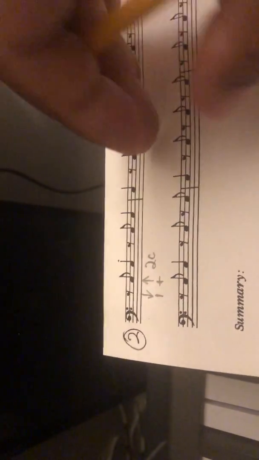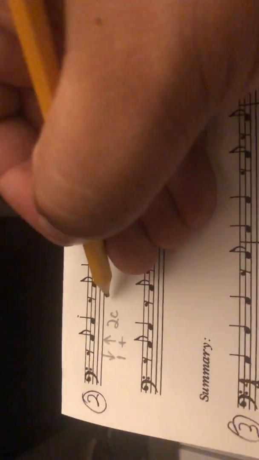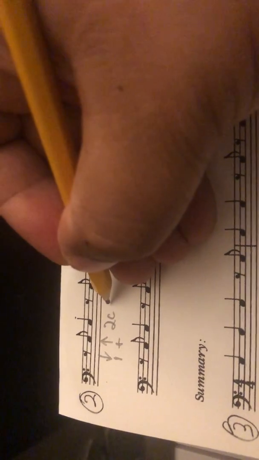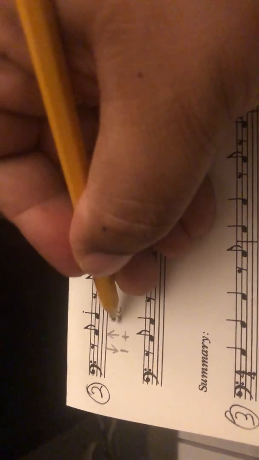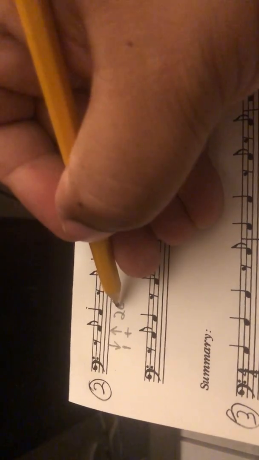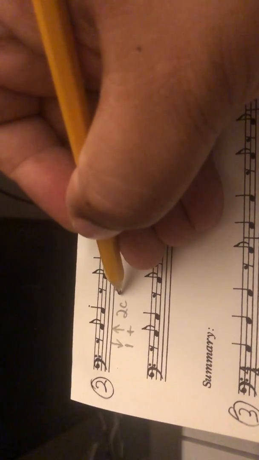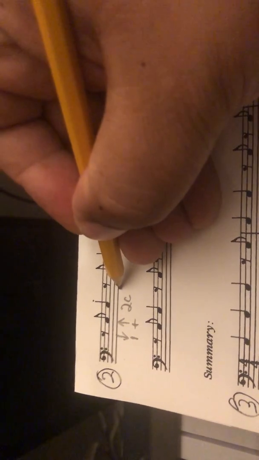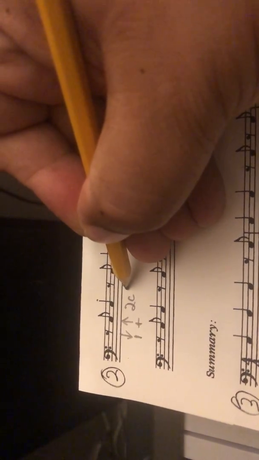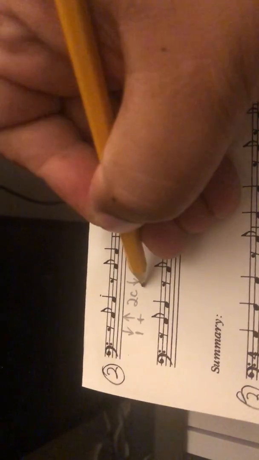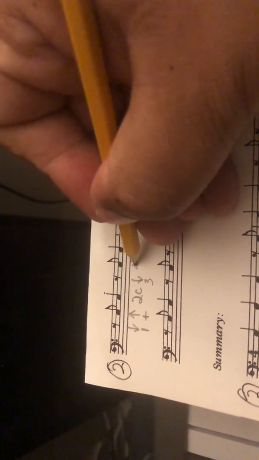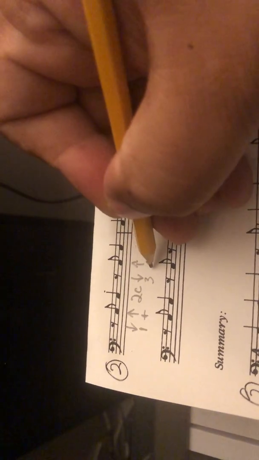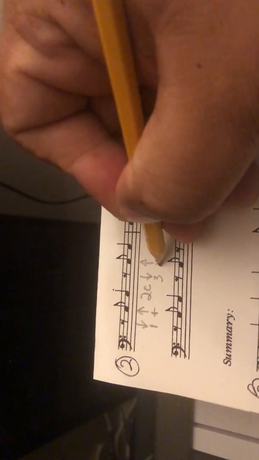I put a C next to it, meaning count. And then right next to it, we have another eighth rest. All of 1 is taken up, all of 2 is taken up. So common sense tells us that this eighth rest comes in on the downbeat of 3, followed by an eighth note, which is the upbeat of 3.